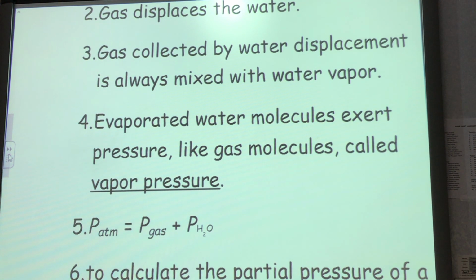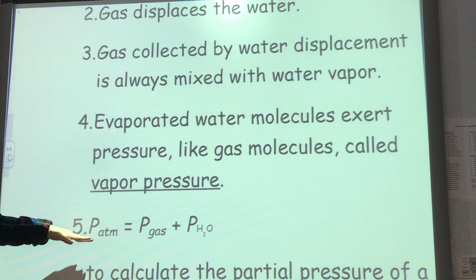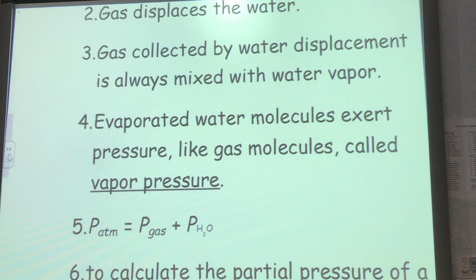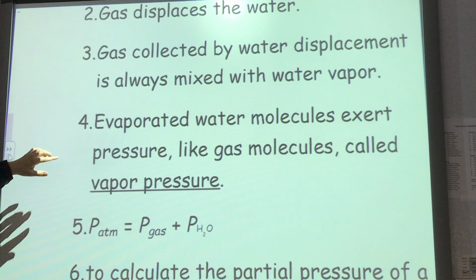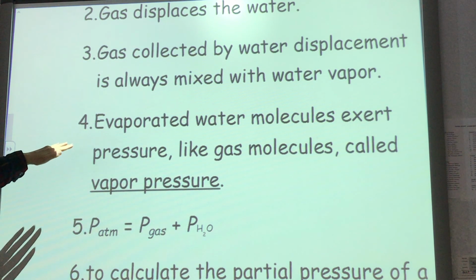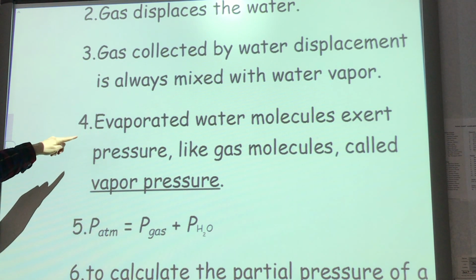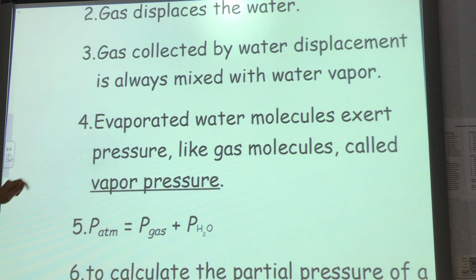That's the whole point of this. Anyway, like I said, this isn't going to be on the test, but we'll throw it at you because it's in the notes, and I don't want your notes to confuse you too bad. Evaporated water molecules will exert pressure just like the gas molecules, and that is called vapor pressure.